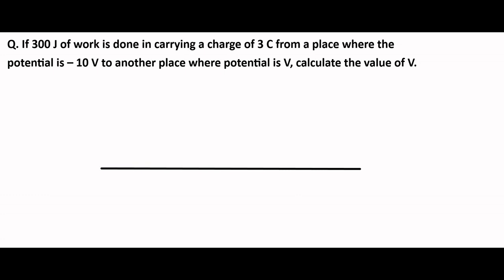So here is another question. It is given that if 300 joule of work is done in carrying a charge of 3 coulomb from a place where the electric potential is minus 10 volt to another place where the potential is V volts, calculate the value of V. So let's say we have 2 points, point A and point B. We have a charge Q equal to 3 coulombs initially located at point A. It is moved to point B. This is the initial point, this is the final point.